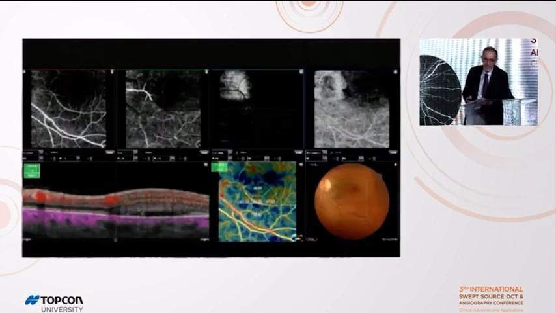And on OCTA, this lesion had similar features to the previous melanoma patient. Basically, there was a hyperreflective network in the outer retina and choriocapillaris layer. Here you can see some shadowing from the subretinal fluid in the deep retina layer.